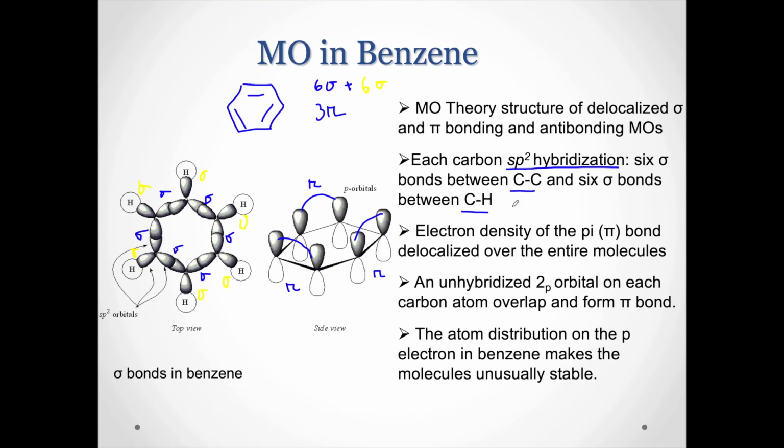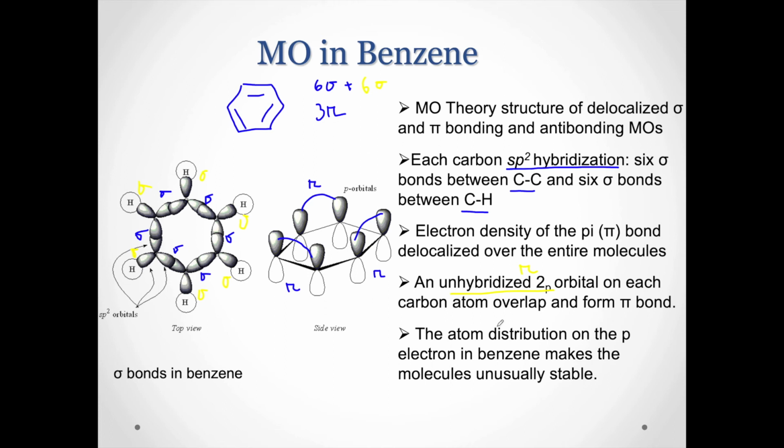As you can see here, the electron density of the pi bond is delocalized over the entire molecule. Why delocalized? Because we have 3 pi bonds and unhybridized 2p orbitals. This is where you can find the pi. The p orbitals on each carbon atom overlap and form pi bonds.